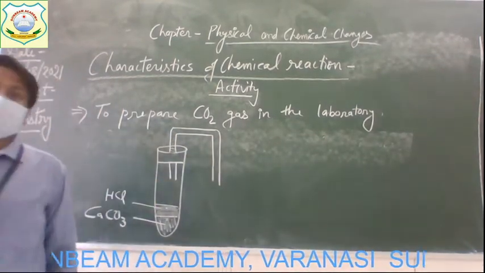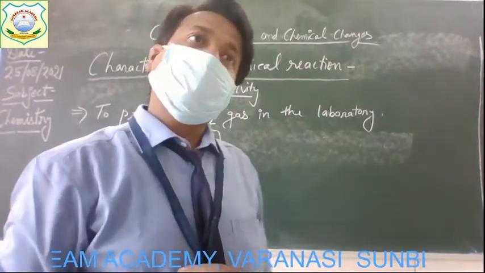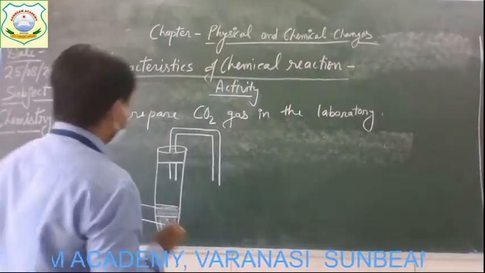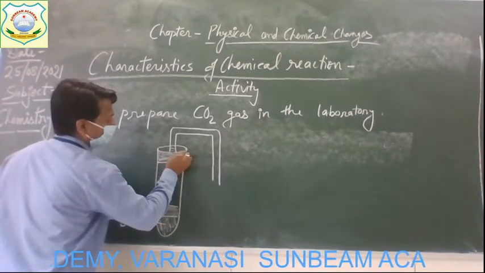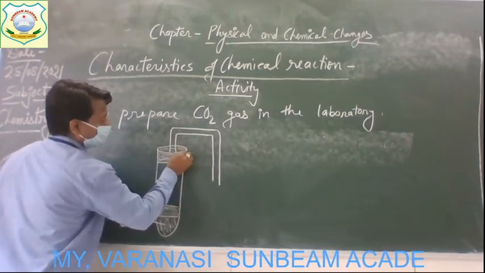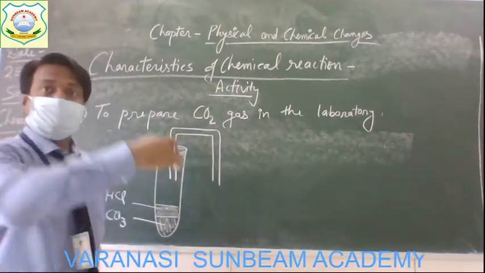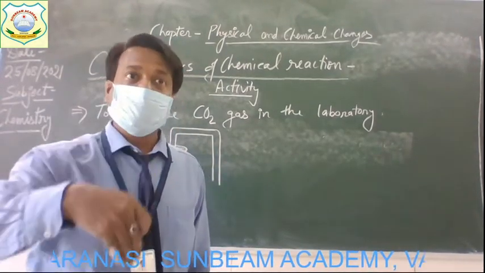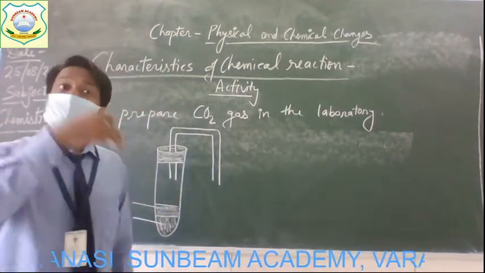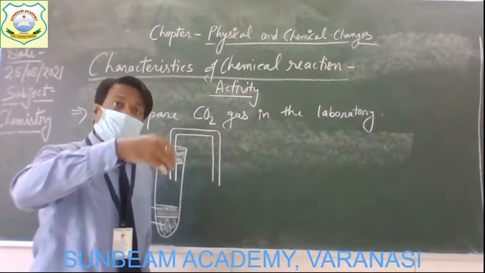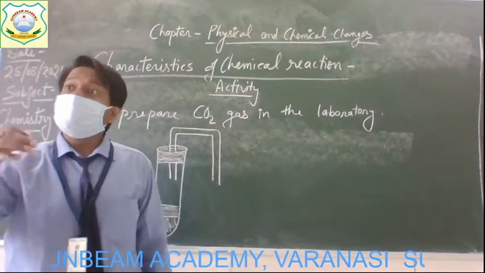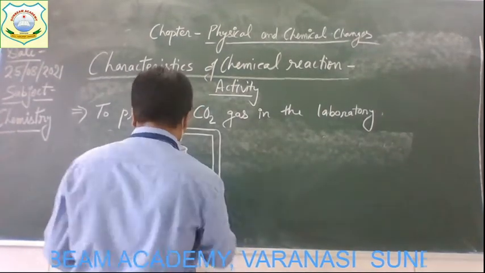Such kinds of tubes are available in chemistry labs. So the mouth of the test tube is closed and we inserted a bent glass tube in this test tube, and the second end of this tube is inserted in another test tube.